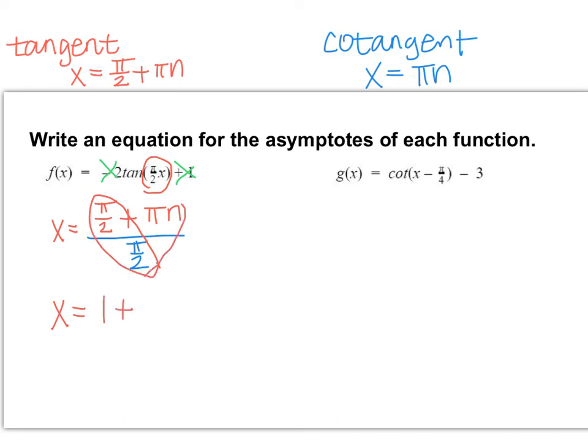When we take this next piece, the pi's will cancel, and it's like we're dividing by 1/2, which is the same thing as multiplying by 2. And then the n's just going to stay the same. So this is the new equation for our asymptotes of this transformed tangent graph.